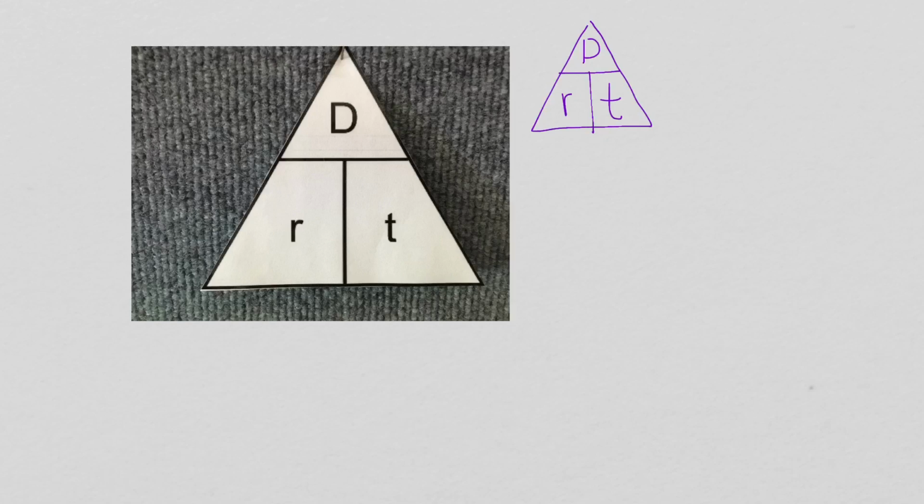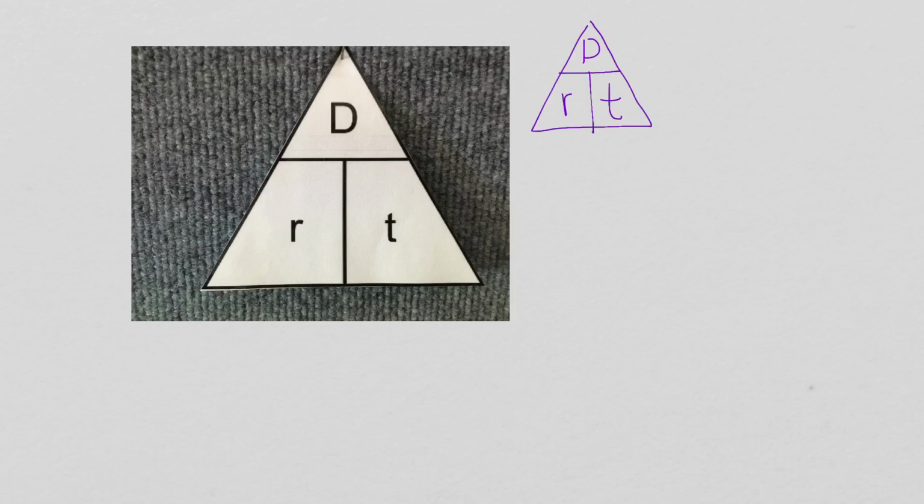Then a trick using this triangle is I can figure out what I'm looking for, and then this triangle will show me how to set it up. So like if I look at number 16 and it says Steve is driving 440 miles to visit the Grand Canyon. He drives at an average rate of 55 miles per hour. Explain how you can find the amount of time it will take Steve to get to the Grand Canyon.